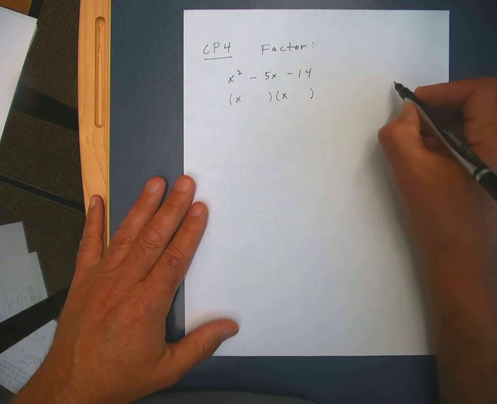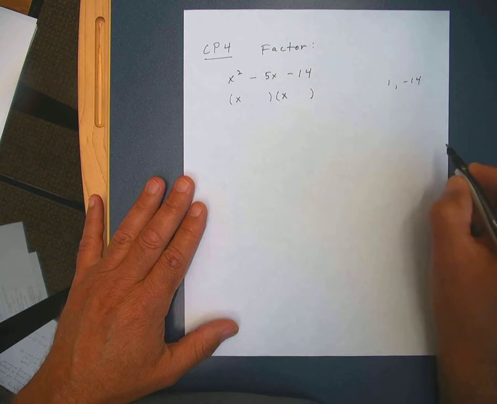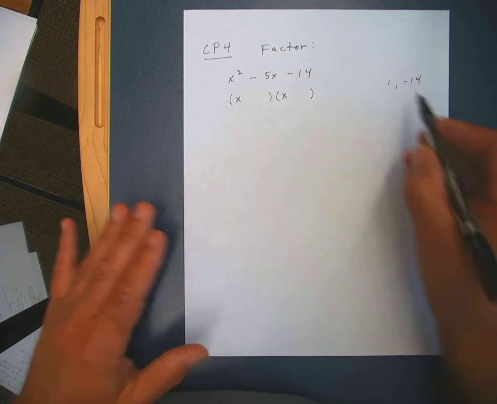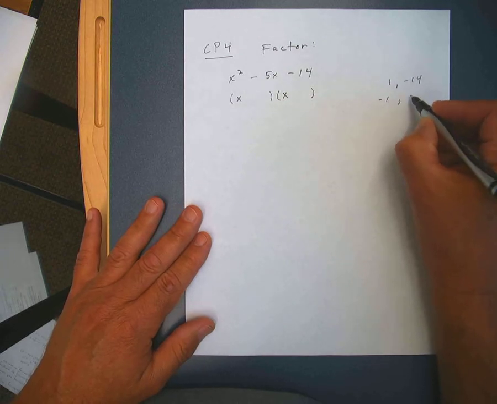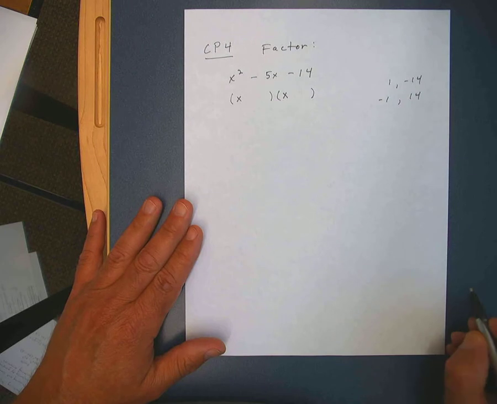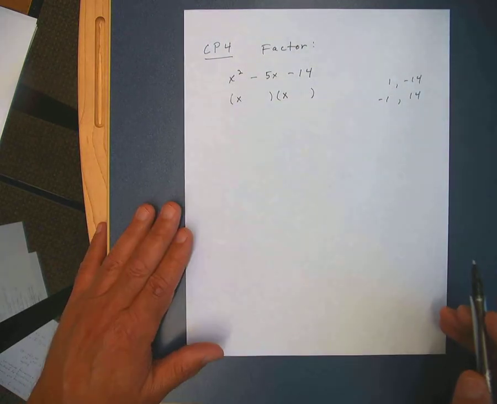One possibility would be 1 and negative 14. When they're both positive, there's only one case to consider, but we'd also need to consider the case with negative 1 and positive 14. Either one of those two multiplied together will give negative 14.